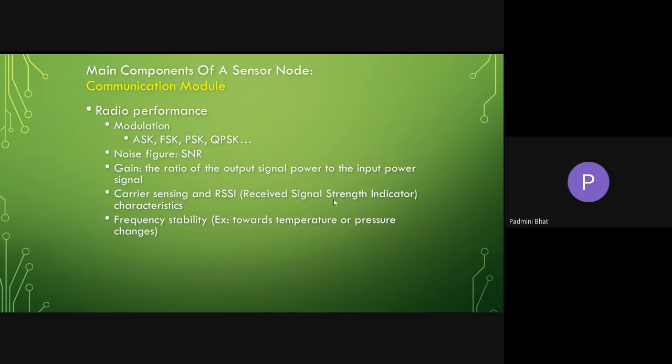Whereas when we are collecting data from the environment, the signal strength is not in our control. So what level of signal comes from the sensor, I must consider it, and below which I must ignore it.